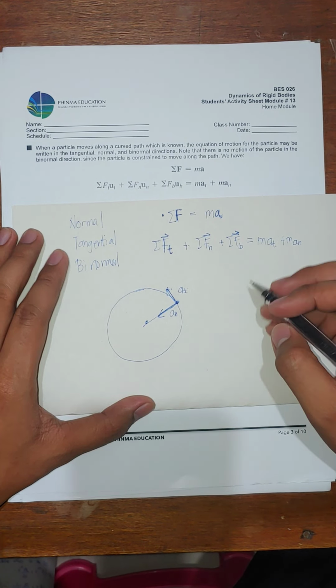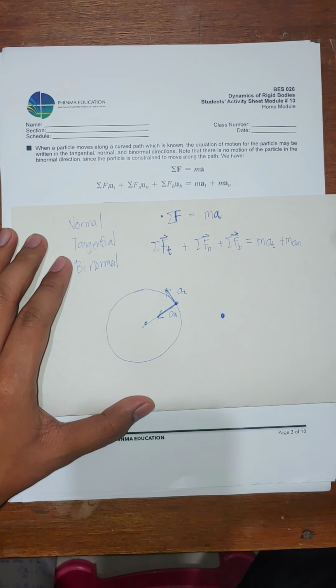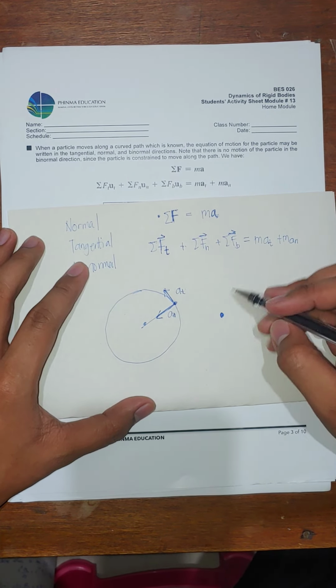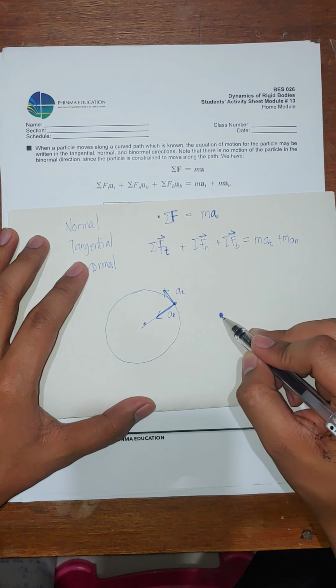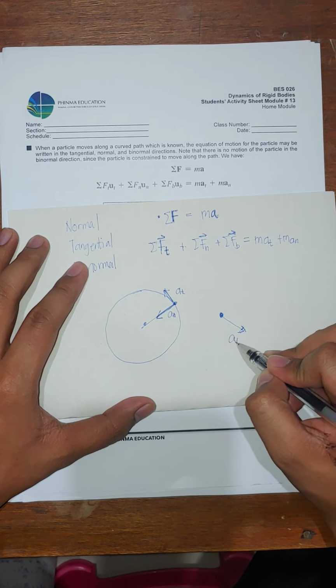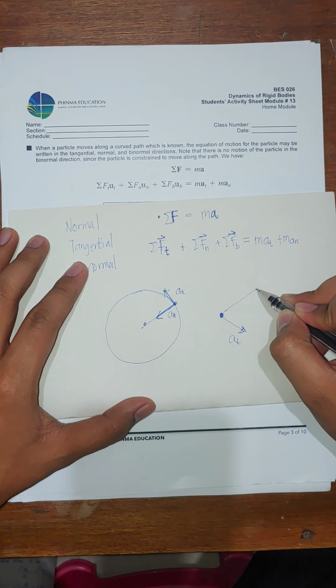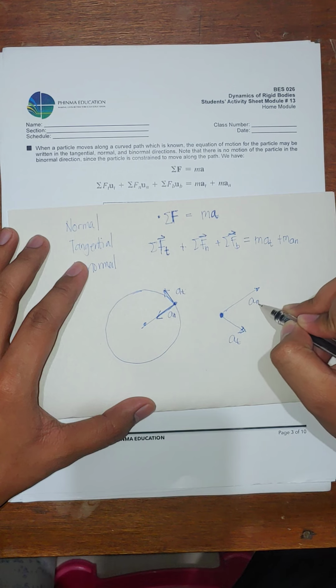So, kaning binormal, if we draw the particle, let's say this particle here moves along a curve. Let's say ang tangential component, we call that a sub t. And then, the normal component here, we have the normal acceleration.